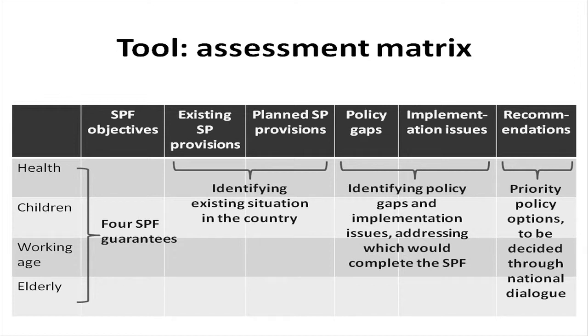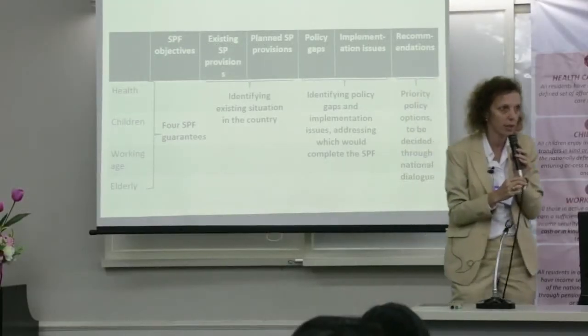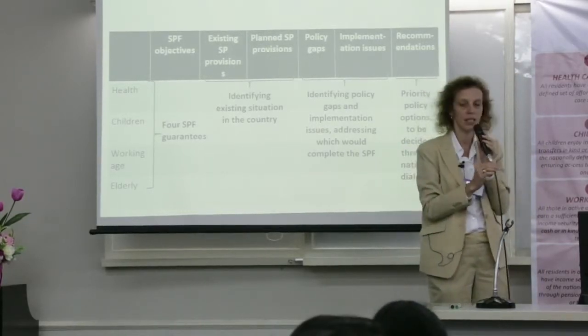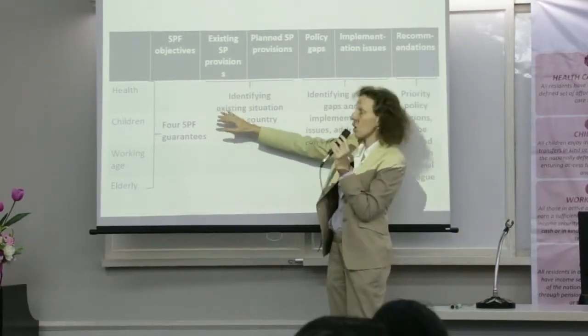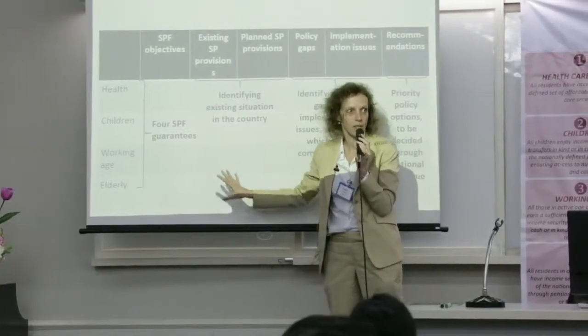Under each guarantee, the idea is to describe what exists in the country in terms of social security schemes, social protection provisions. So here you can enter contributory social insurance schemes, you can include cash transfer, you can include even safety nets, etc. You can include whatever exists in the country for health, children, working age, and the elderly. This is the normal matrix that we are using.